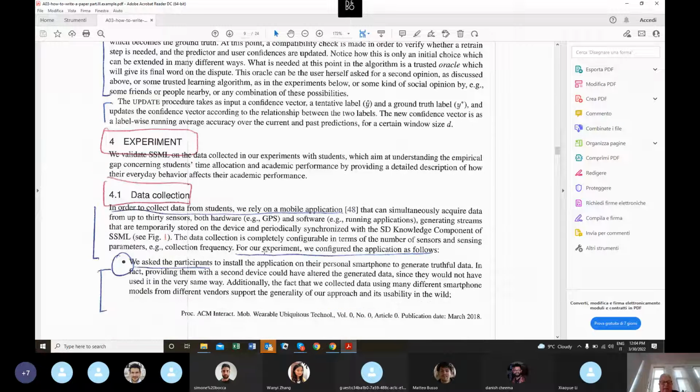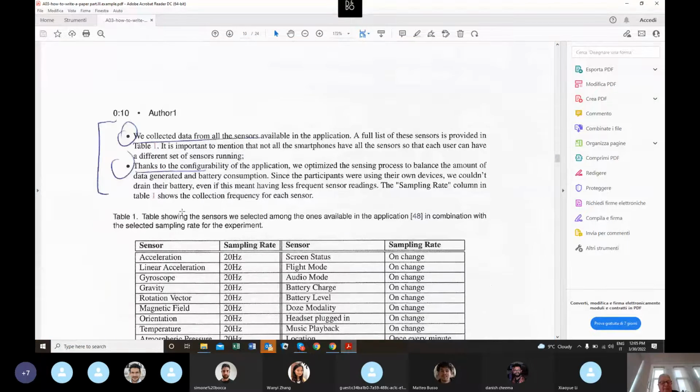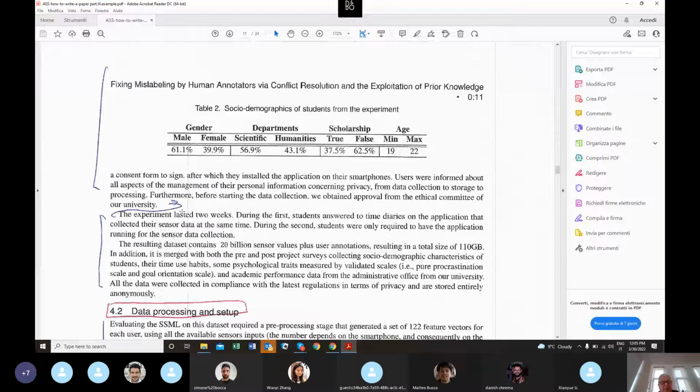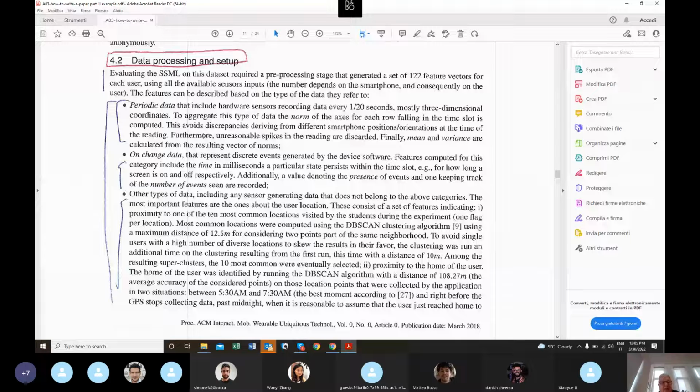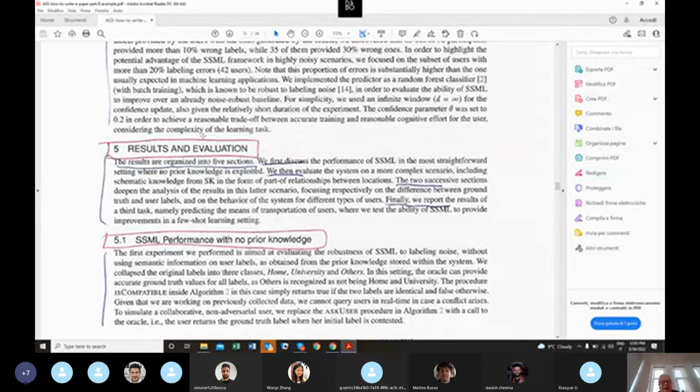What is the next one? The experiment. And the experiment, of course, the way they want these papers, first you have the data collection, 4.1. And then the data processing setup, 4.2, still coarse grain structure. And in this paper, since we want to give a lot of emphasis, we separated the experiment from the evaluation.